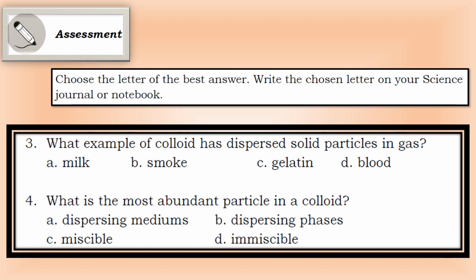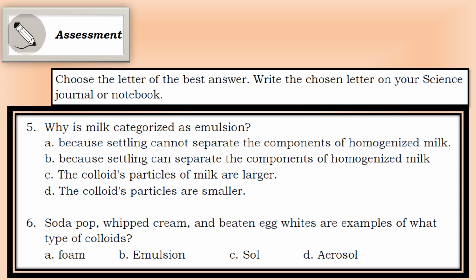Number 4, what is the most abundant particle in a colloid? A. The dispersing medium. B. Dispersing phase. C. Miscible. Or D. Immiscible. Number 5, why is milk categorized as emulsions?